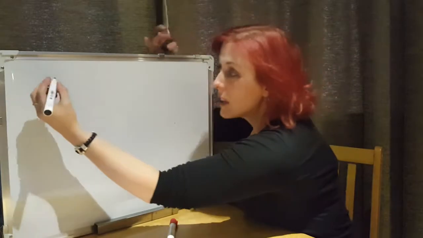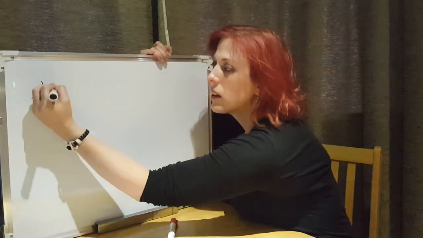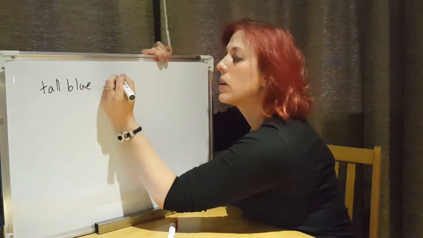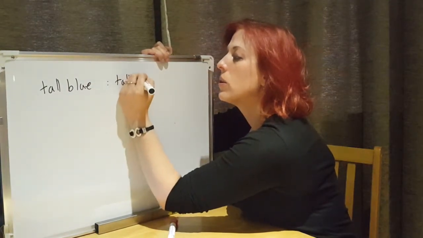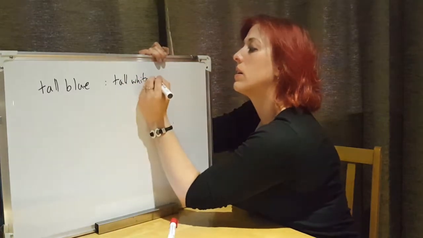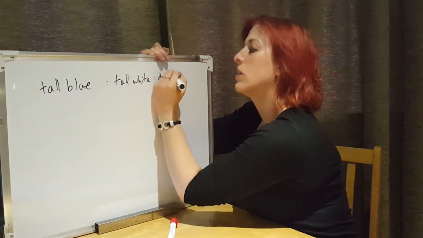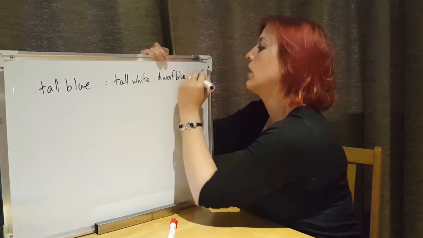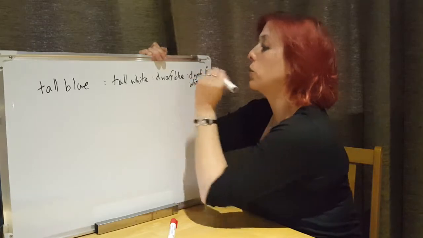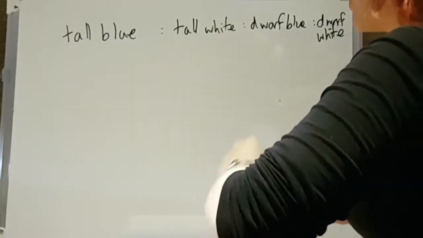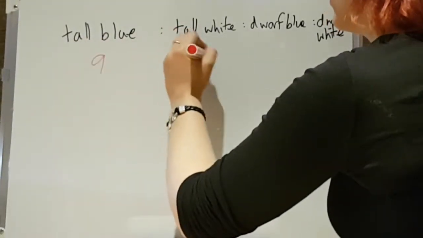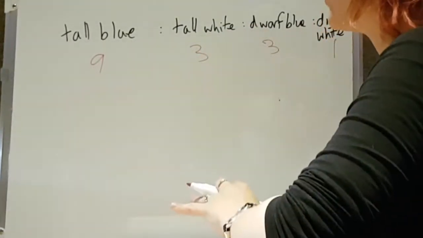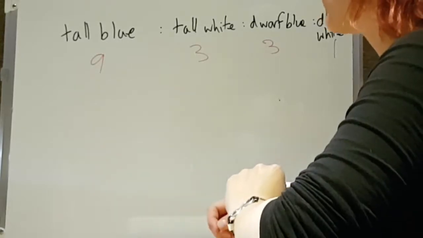Reviewing these phenotypes, we had tall blue, tall white, dwarf blue, and dwarf white in the ratio 9:3:3:1. Again, these are the Mendelian ratios for a cross like this.